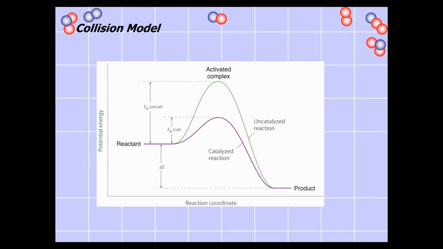All right, so this is a second energy diagram. The one that we want to look at here has two energy profiles on it. The green line represents an uncatalyzed reaction, and the purple line featured here represents a catalyzed reaction.